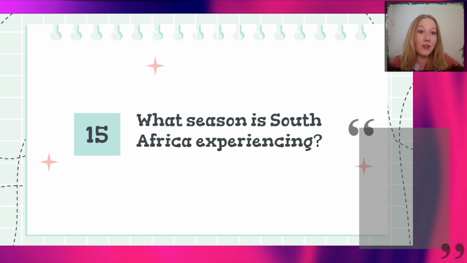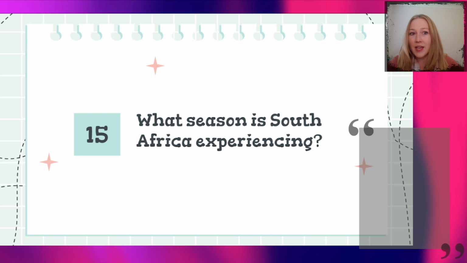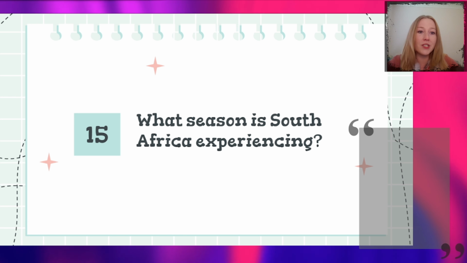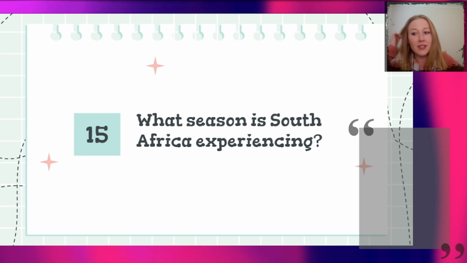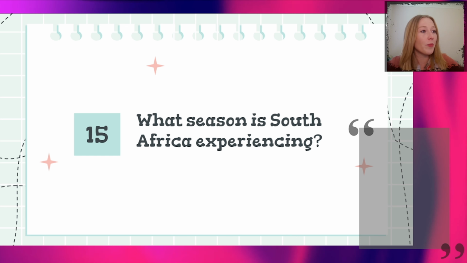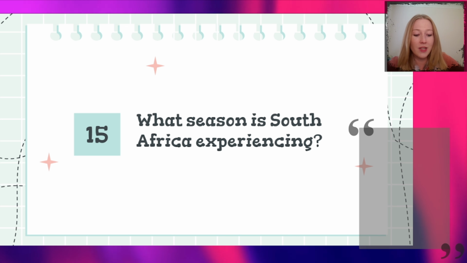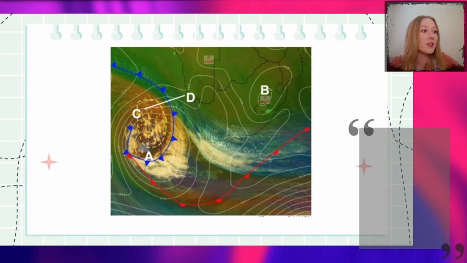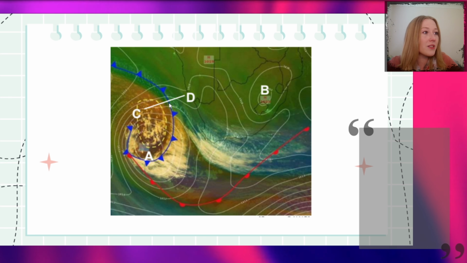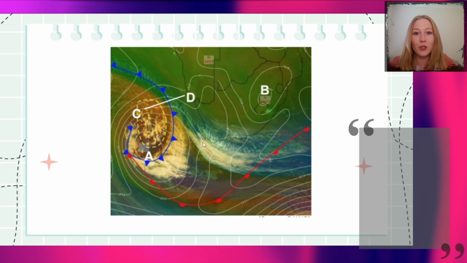Then, what season is South Africa experiencing? They'll either ask what season and then provide evidence, or they will ask for evidence to confirm that this is winter. Now, this does overlap with other topics, but when it comes to mid-latitude cyclones, the number one piece of evidence is the presence of a cold front over South Africa.